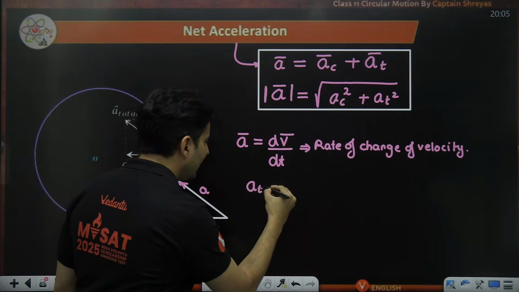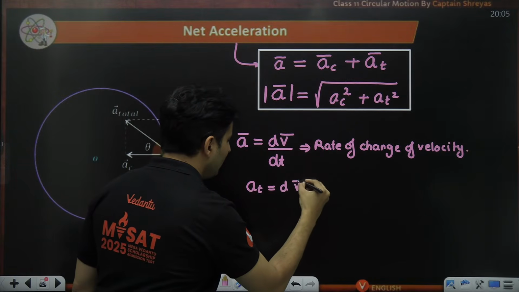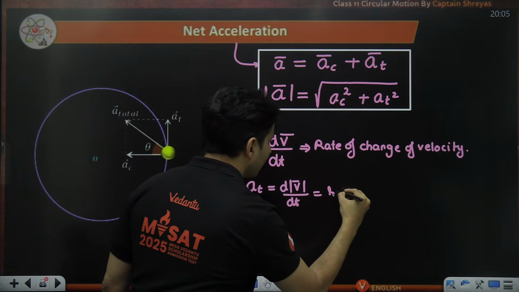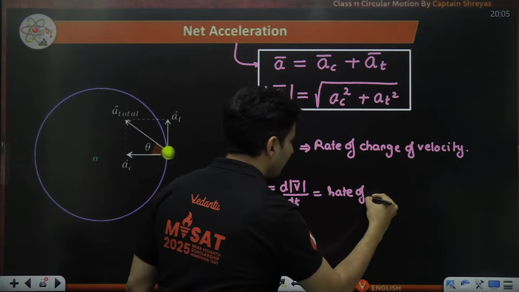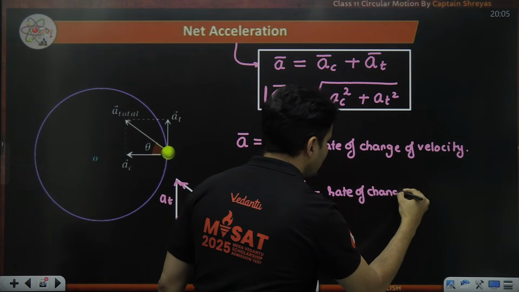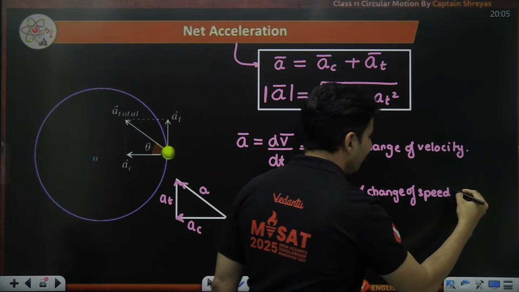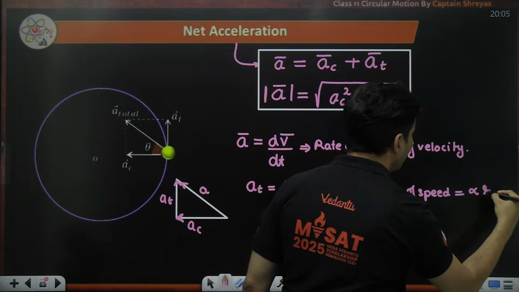When I write AT and put the mod of dv bar by dt, it is the rate of change of speed alone, which comes out as alpha into r.